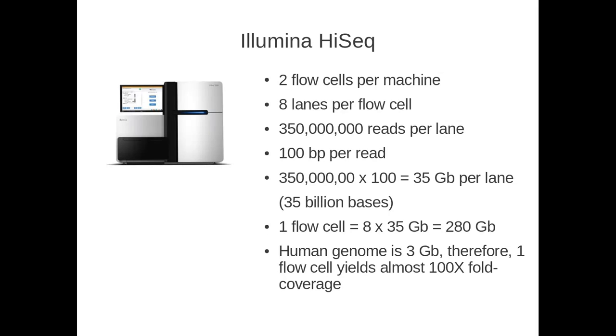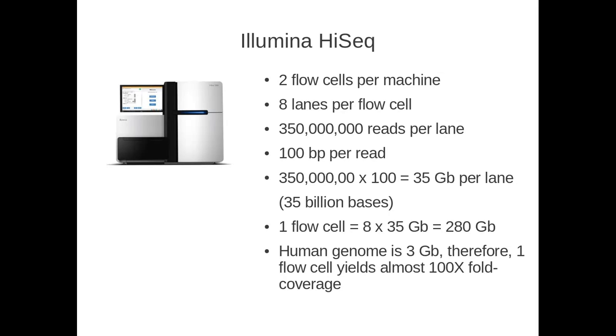We can sequence quite short reads with the Illumina HiSeq, so this is typically 50 to 100 base pairs per read. So if you multiply those 350 million reads per lane times the 100 base pairs, you end up with 35 gigabases per lane, or 35 billion base pairs.